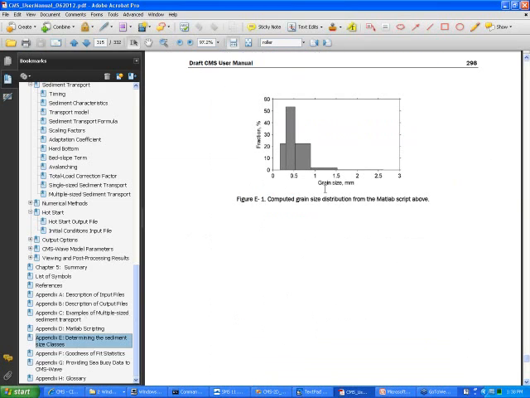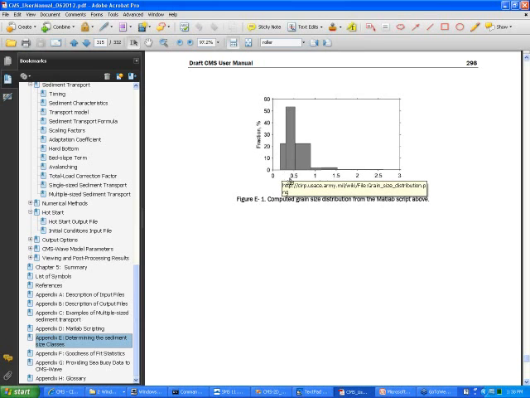So this is an example of a log normal grain size distribution, which is common for coastal sediments. And each bin is a size class, and it has its diameter limits, and also it's characterized by a characteristic diameter.